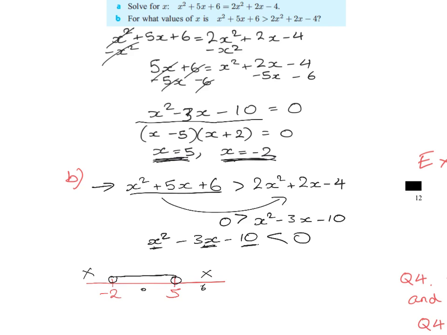We won't get a number less than 0. So the values that satisfy x squared minus 3x minus 10 is less than 0 are between negative 2 and 5. So that's x is between negative 2 and 5. Now remember, this is just a rearrangement of the original inequality, so this also solves the original inequality.